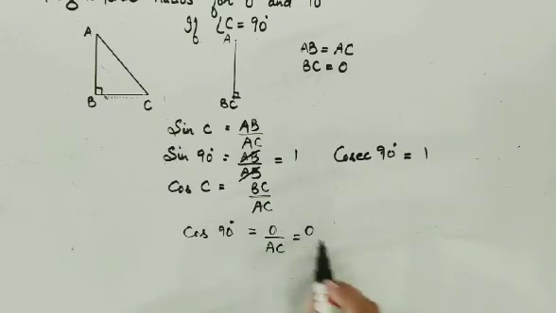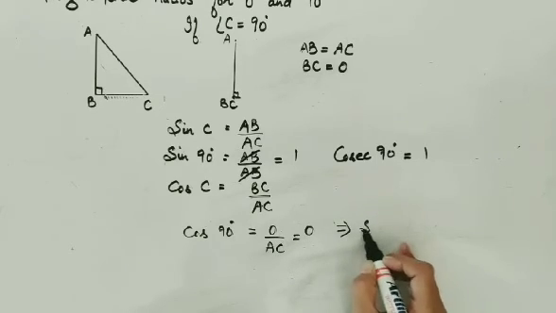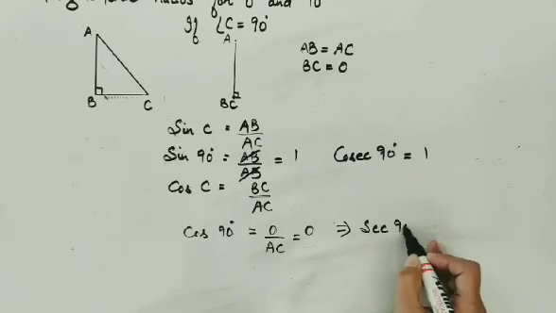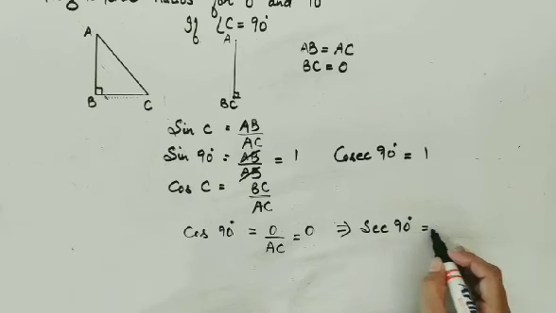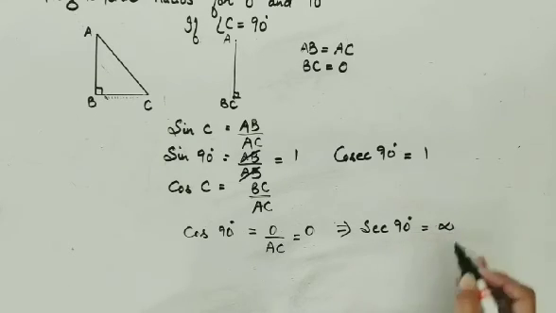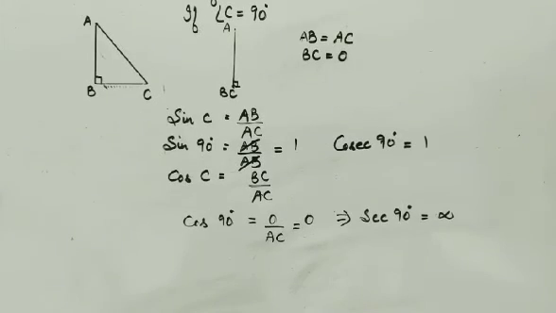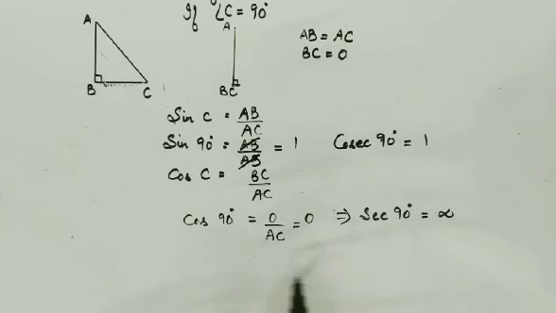So cos 90 is 0. That implies secant 90, its reciprocal. What is reciprocal of 0? That's not defined. And then comes our next function, tangent, tan theta. Tan C over here would be P by B, perpendicular, which is AB, by base, which is BC.